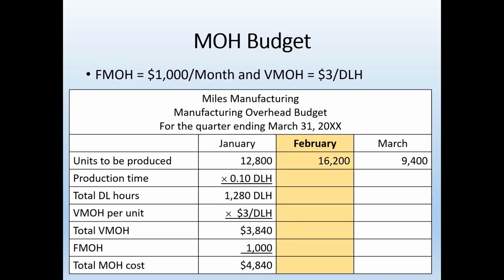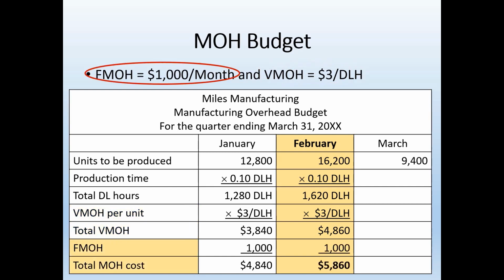In February, we multiply the number of units times 1/10 of an hour per unit to get the total number of labor hours, multiply by $3 of variable overhead per labor hour to get the total cost of variable overhead, and add in $1,000 of fixed overhead per month to get the total overhead cost.